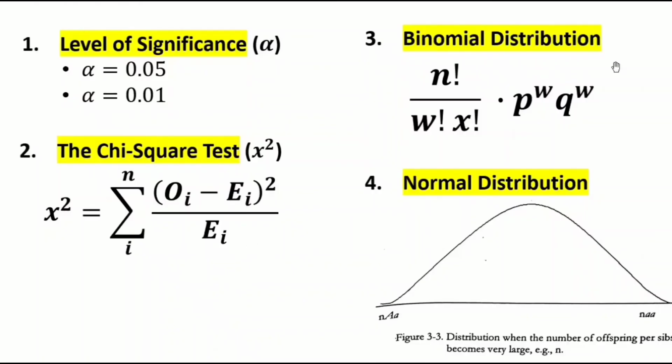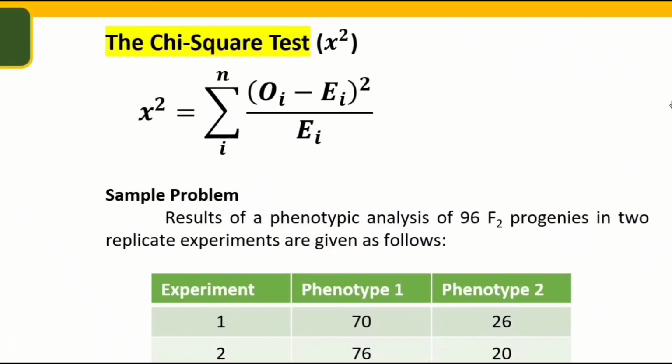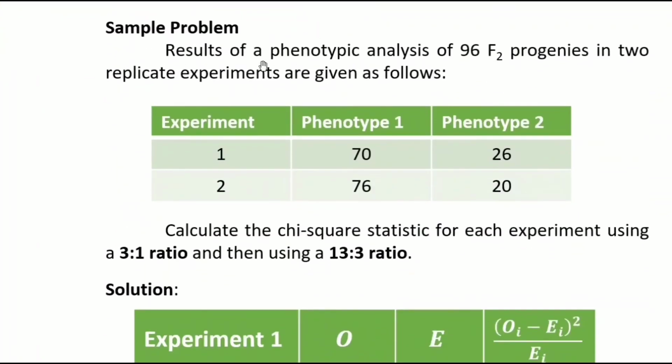So, to illustrate further, we have here a sample problem. Let me read to you. Results of a phenotypic analysis of 96 F2 progenies in 2 replicate experiments are given as follows. So, we have here experiment 1 and 2, and these are the resulting phenotypes that are observed from the experiment. So, sa experiment 1, we have 70 for the phenotype 1 and then phenotype 2, 26.